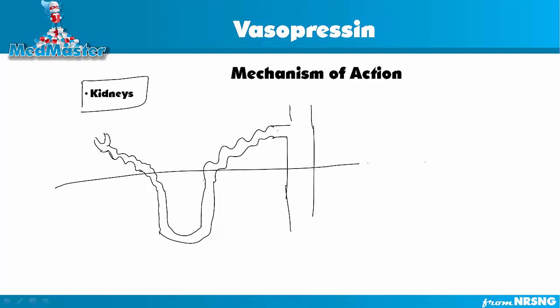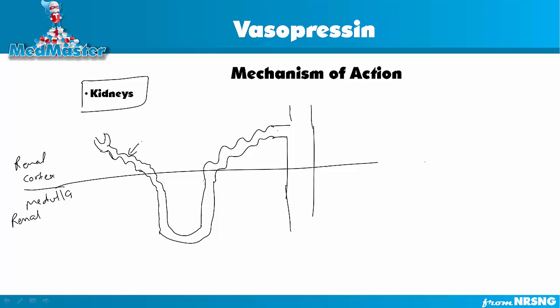This is divided into two parts: this part is the cortex, and this part is the medulla, the renal cortex and the renal medulla.